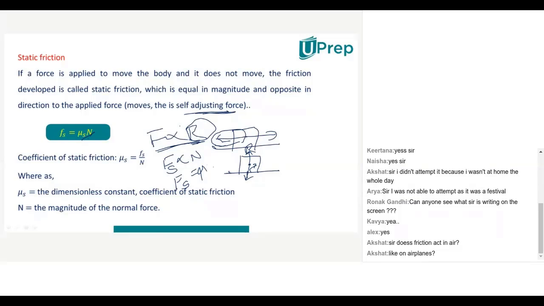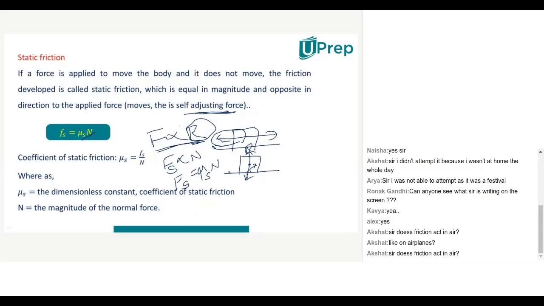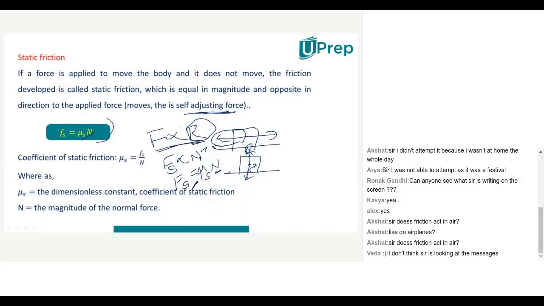But here I am writing mu s into N. So Fs is equal to mu s into N, where mu s will be called the coefficient of static friction, N will be called normal reaction, and Fs will be called static frictional force.